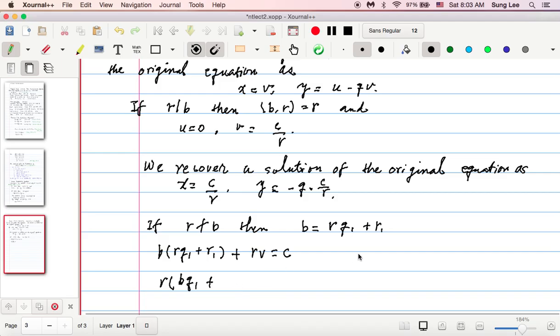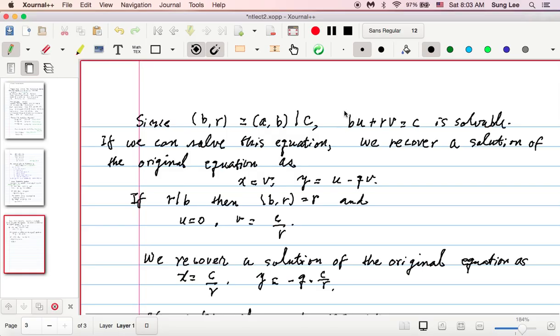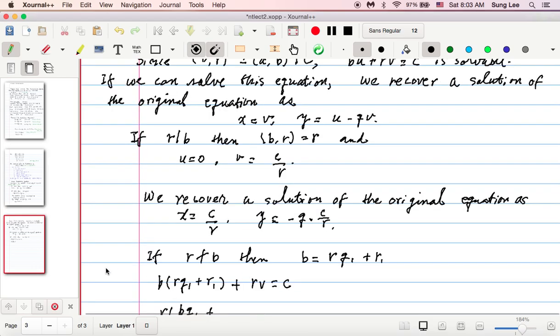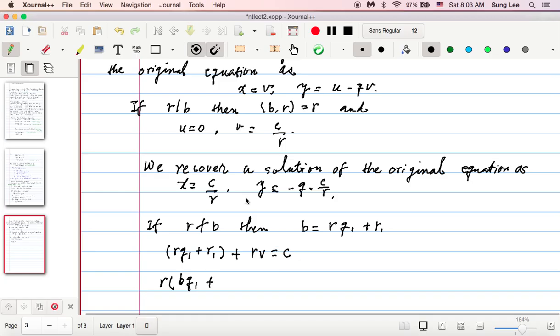I did something weird. I substitute this into b, so how do I still have b? No, this is incorrect. Sorry about that. b shouldn't be there. Instead, I missed the variable u.